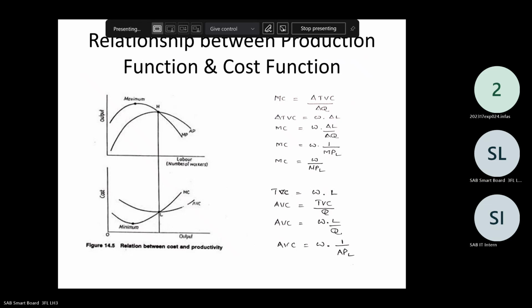The total production increases continuously up to the maximum level and then decreases. Here marginal productivity increases, and the average productivity also increases. This is the area where the marginal productivity tends to decrease continuously, and the average productivity also decreases.